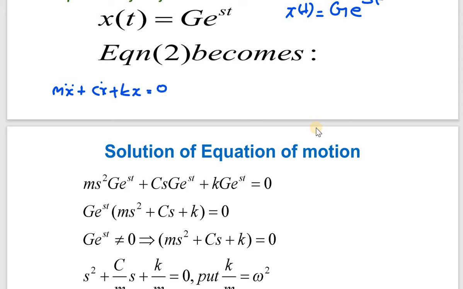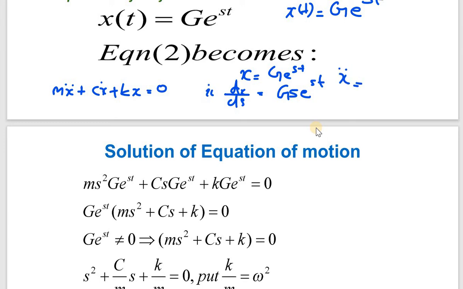Now I can substitute G e raised to st. What will be x dot? x dot is the velocity. If I take the differential, I get G into s e raised to st. This is x dot.